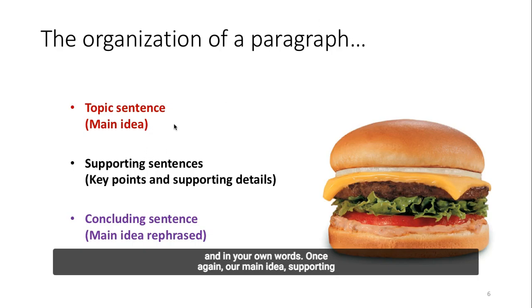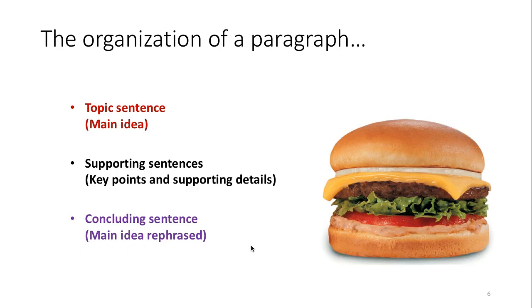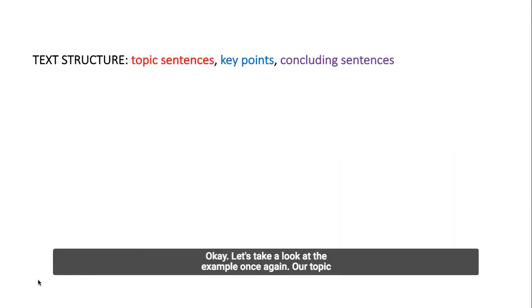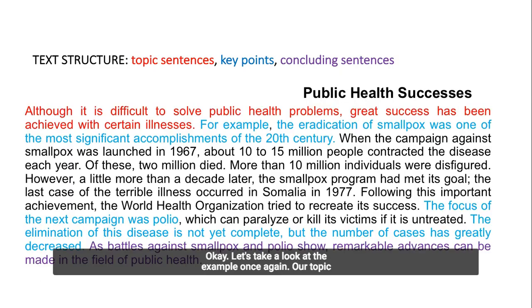Once again, our main idea, supporting details, and the main idea rephrased or the ideas concluded. Okay, let's take a look at the example once again. Our topic sentence. Now, what are the key points? Well, these are key points.